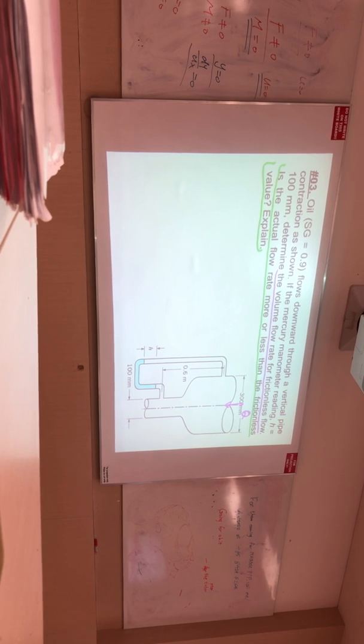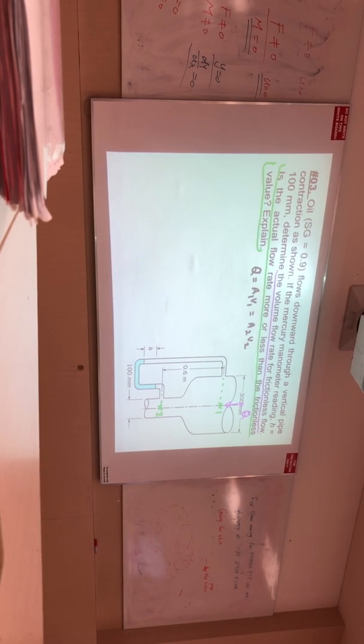What can I do? I can choose one point here and another point, so I write this is 1, this is 2. So what is the value of Q? Q should be A1 V1 equivalent to A2 V2. No problem.